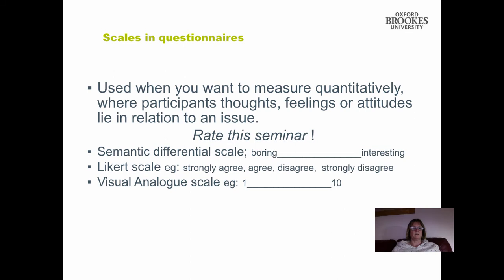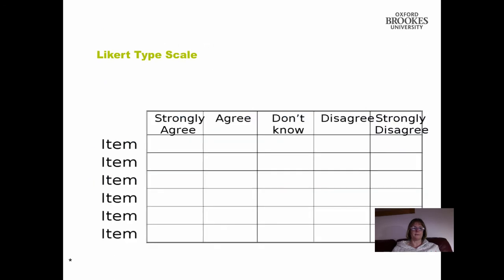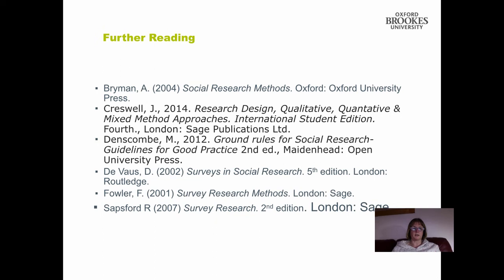So the researcher would count up how many people were in each category, and a visual analog score is rating something from 1 to 10. So as we said earlier, the simplest one to think about within healthcare is rating pain on a scale of 1 to 10. And that's just another example of a Likert type scale.